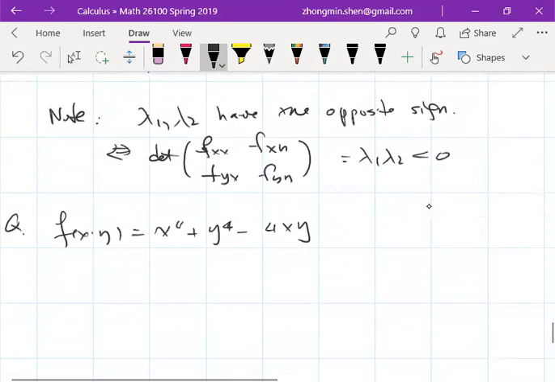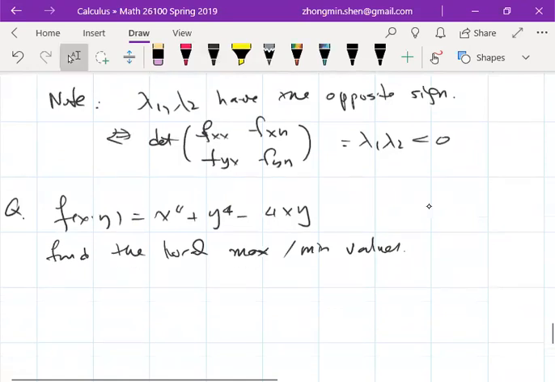Clearly the graph passes through the origin, because when x equals 0 and y equals 0, z equals 0. We are going to find the local maximum and minimum values of this function.